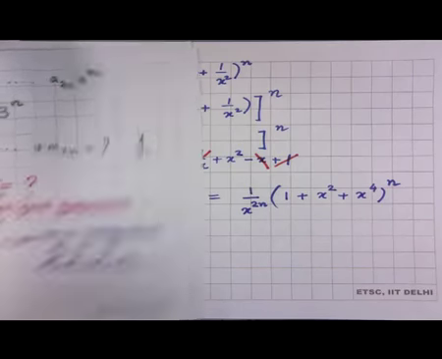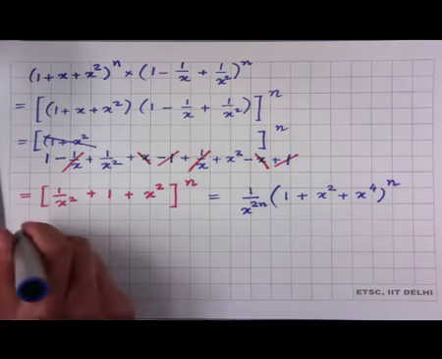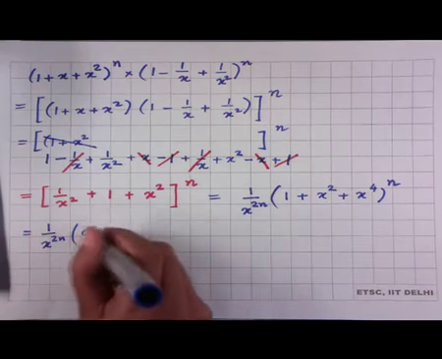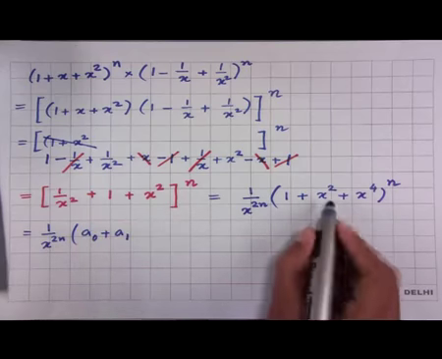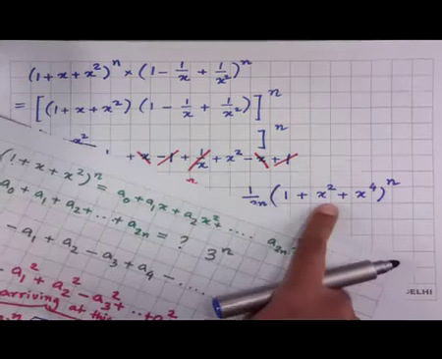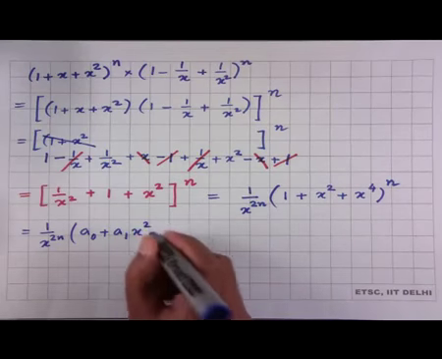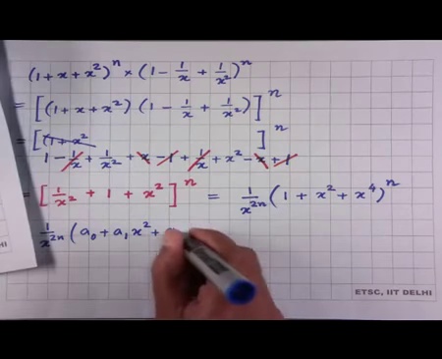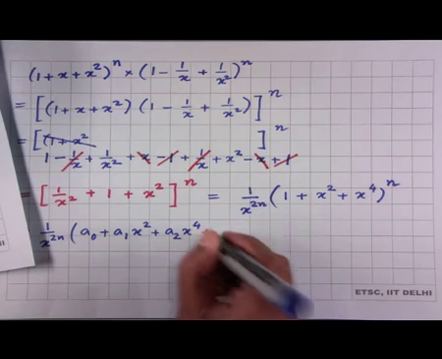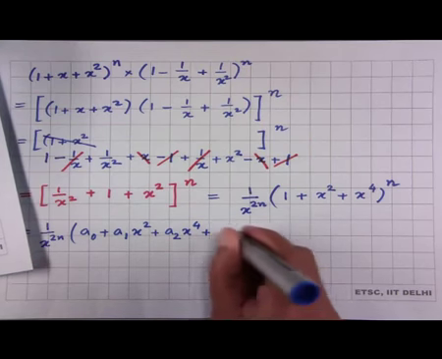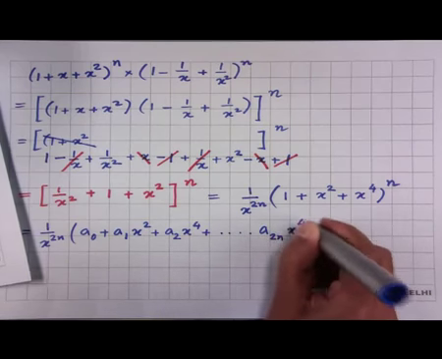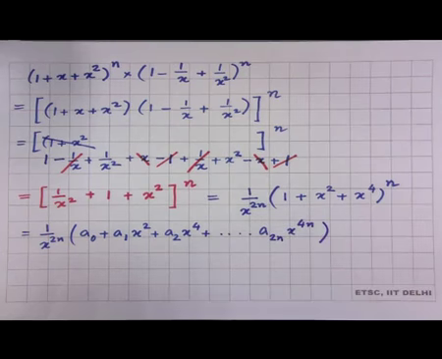right. The format is the same, which means that this is equal to 1 by x power 2 n times a naught plus a 1, the format where x is equal to x squared. So, a 1 x squared plus a 2 x power 4 plus dot dot dot a 2 n x power 4 n. Okay. And what am I looking for?